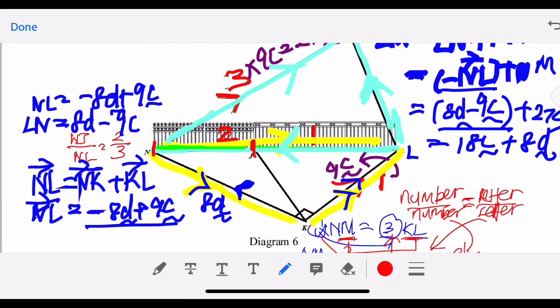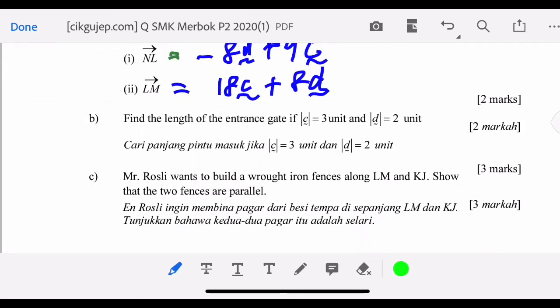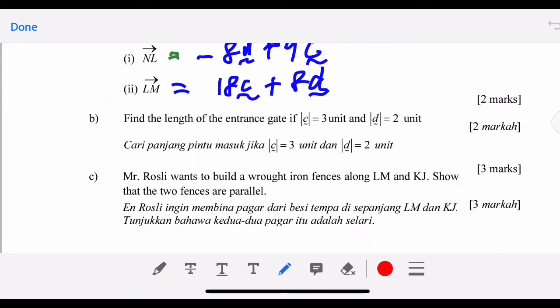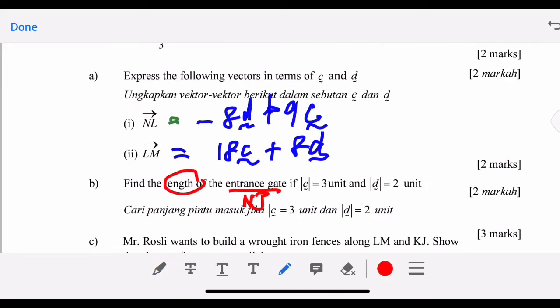This is the entrance gate. It actually refers to your vector NJ, which is given the ratio 2 over 3 of the vector NL.